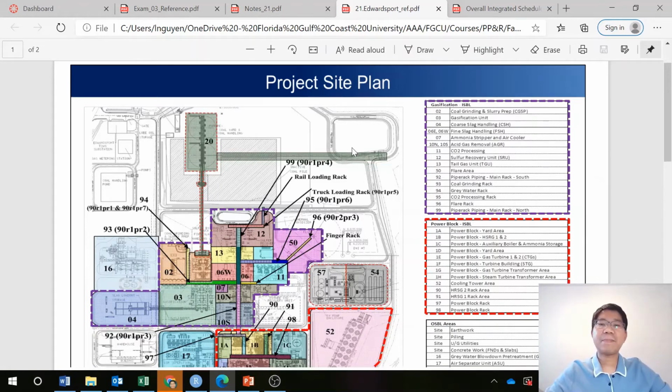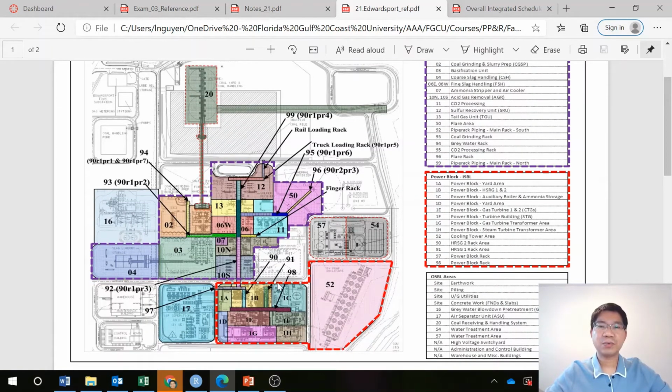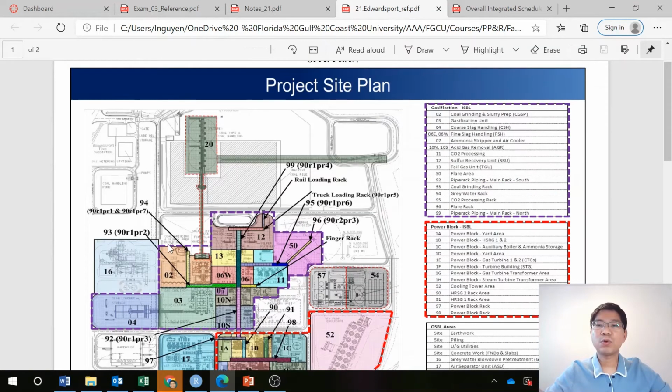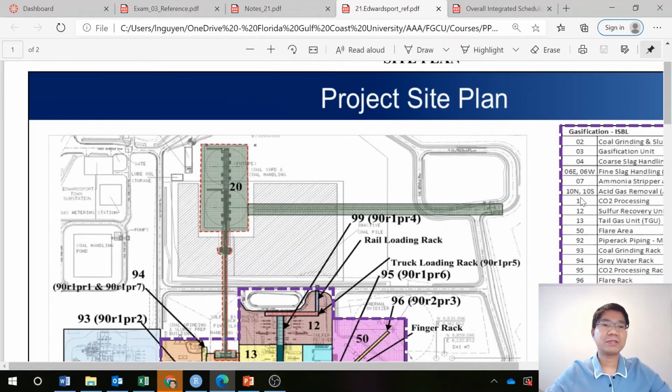So this is the site plan, and you can see the same cooling tower in here, and there are multiple areas, so they can break it down into different areas, and they can name those different areas in here.